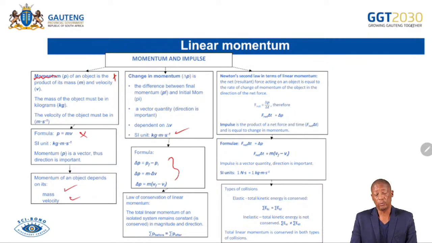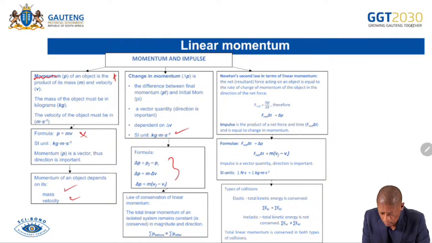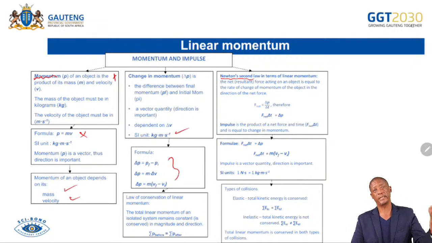We are going to take further the momentum in terms of Newton's second law, because it's going to help us when we discuss momentum, how momentum in real life happens. So this second law is not the second law that we used last week when we stated Newton's second law, but it's the second law in terms of what?